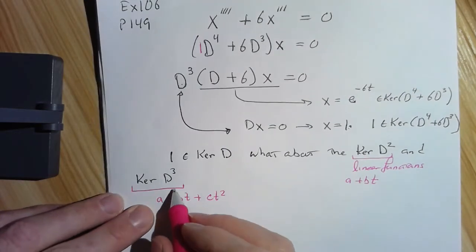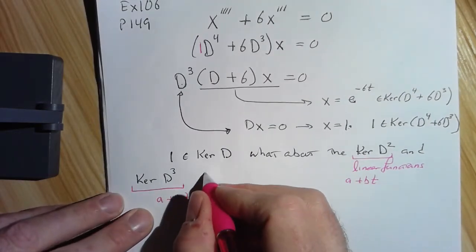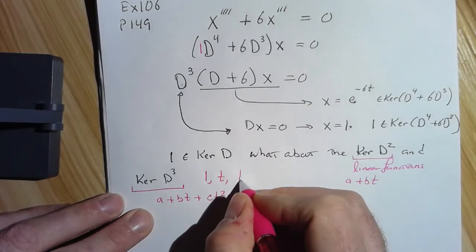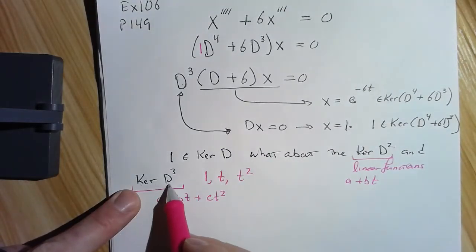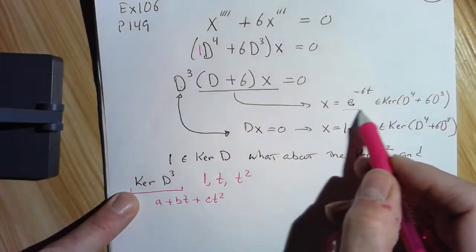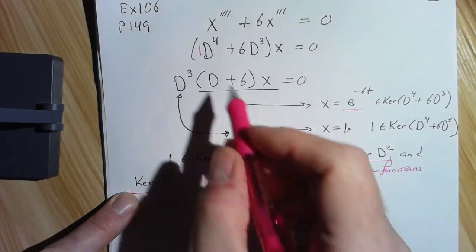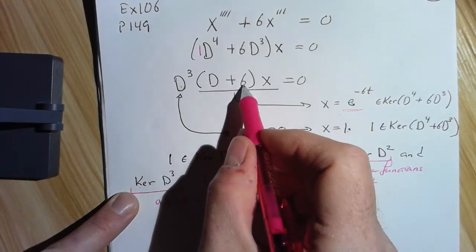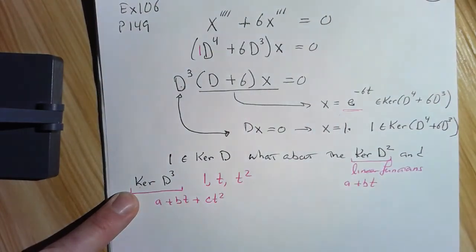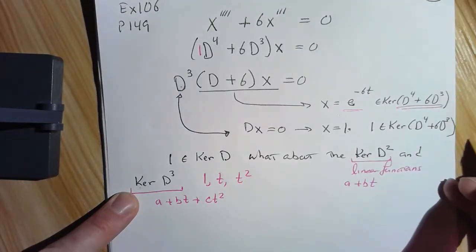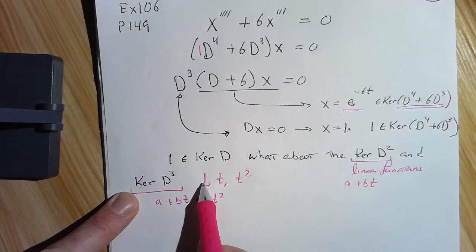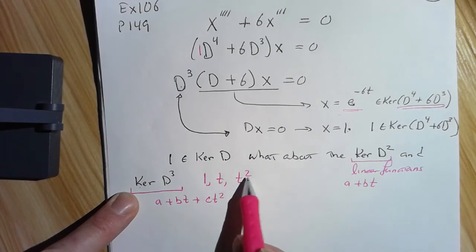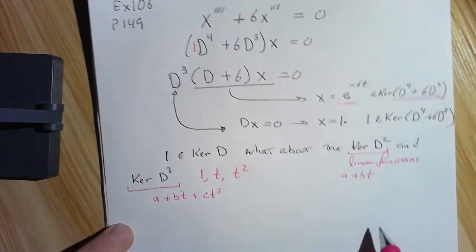So 1, t, and t squared form a basis of the kernel of D cubed. e^(-6t) forms a basis of D + 6's kernel. And so all together, this operator has a kernel with a basis of 1, t, t squared, and e^(-6t).